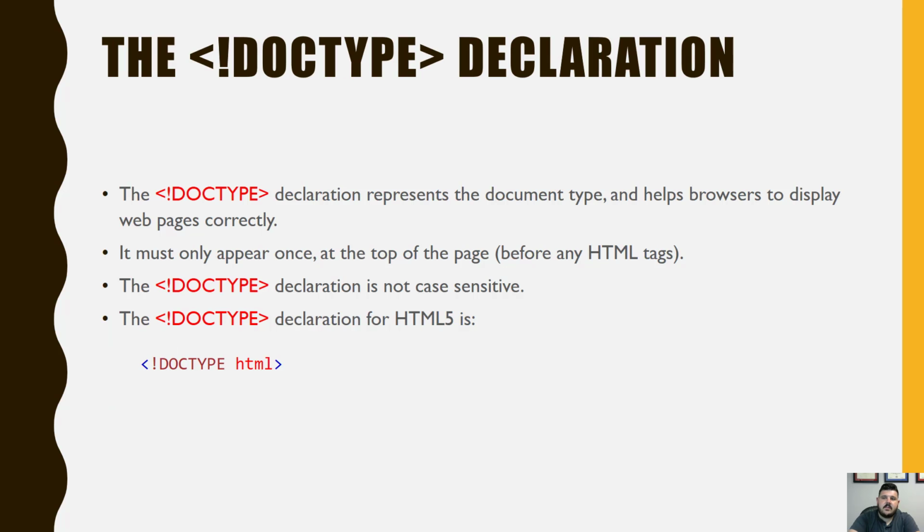So let's take a look at the very first thing that is in there, which is this doctype declaration. The doctype represents the document type and helps browsers to display web pages correctly. You only need it once at the top of the page. We don't need a closing tag for it, and it's just letting us know that we're using HTML5.